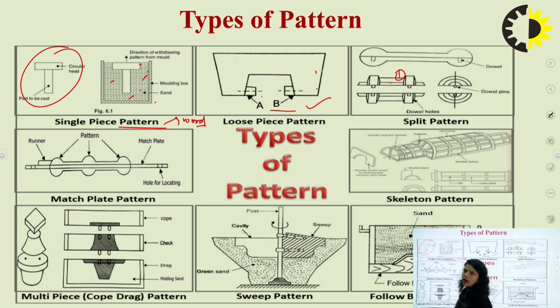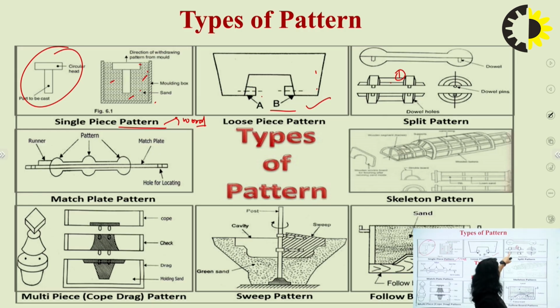In this case we can see that one half will be created in the cope, and one half will be used for creating the cavity in the lower half. Means one will form the cavity in the cope and one will form the cavity in the drag. But the thing which we have to keep in mind is that there should be proper alignment of these two halves.